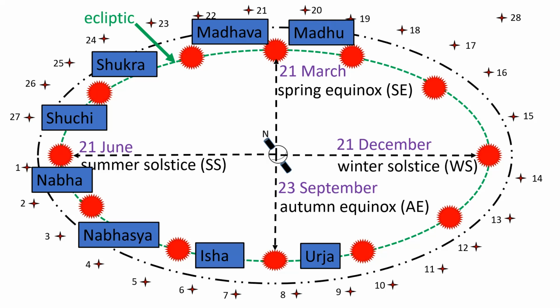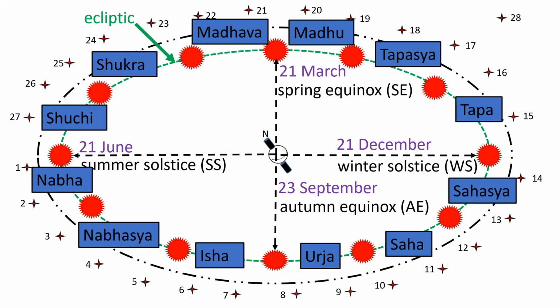The next two solar months corresponding to Sharad Rutu or pre-autumn season are Isha and Urja. The next two months corresponding to Hemanta Rutu or autumn season are Saha and Sahasya. And finally, two solar months corresponding to Shishira Rutu or winter season are Tapa and Tapasya.